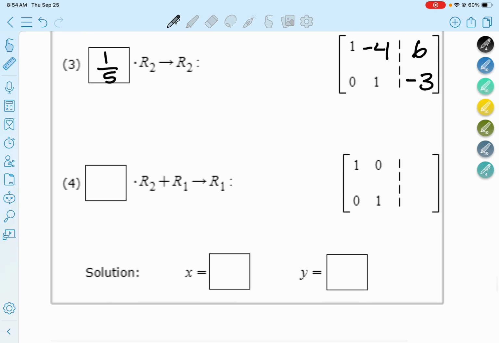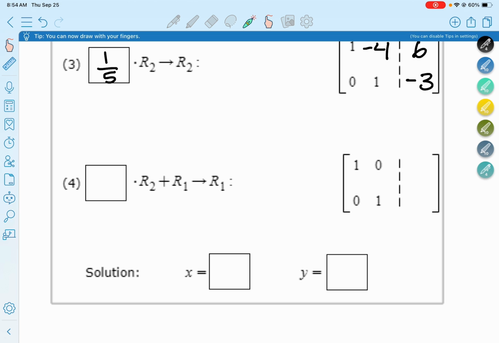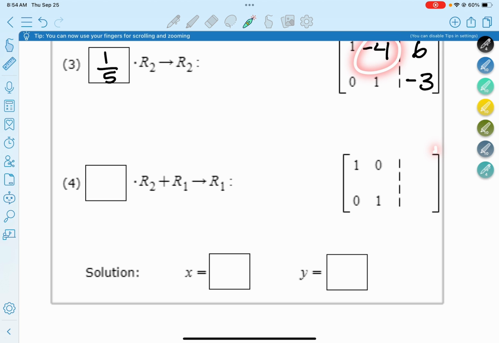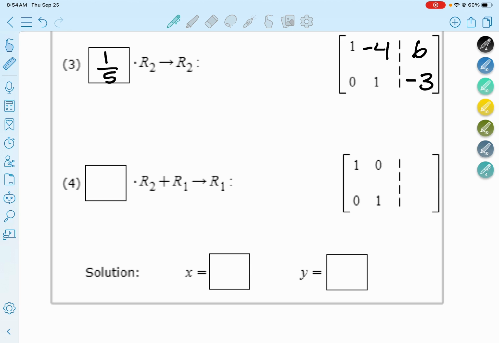Then last step, I need to multiply row 2 by something and add it to row 1 such that 1, 2 becomes equal to 0. Well, I need it to cancel out with -4, so the opposite of -4 is 4. Meaning I'm going to multiply the entire bottom row by 4, so I get 0, 4, and -12.